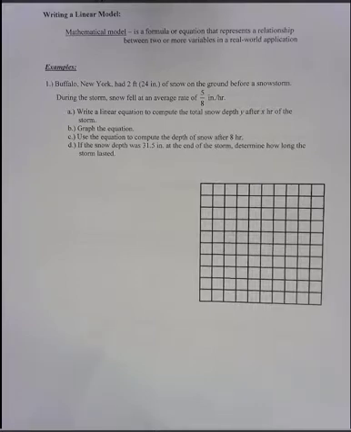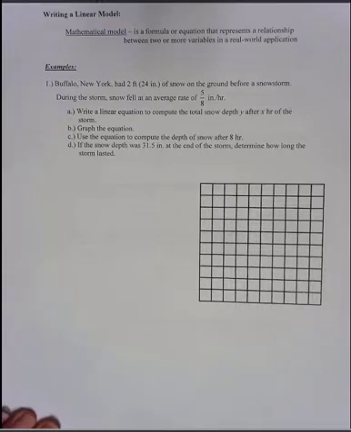Then we're going to graph the equation, use it to find the snow depth after 8 hours, and also use it to determine how long the storm lasted if the total snow depth was 31.5 at the end. Let's start with the first, which is to write a linear equation to compute the total snow depth y after x hours of a storm.